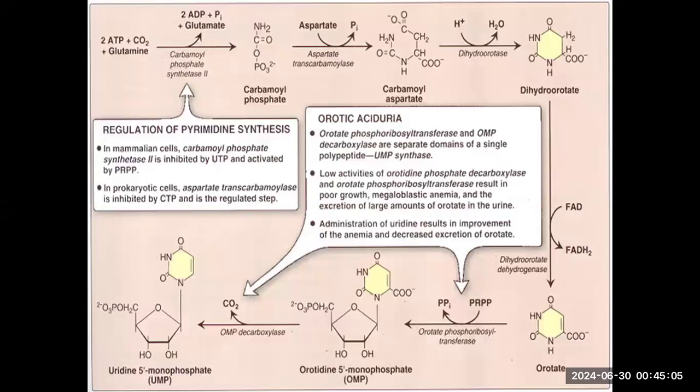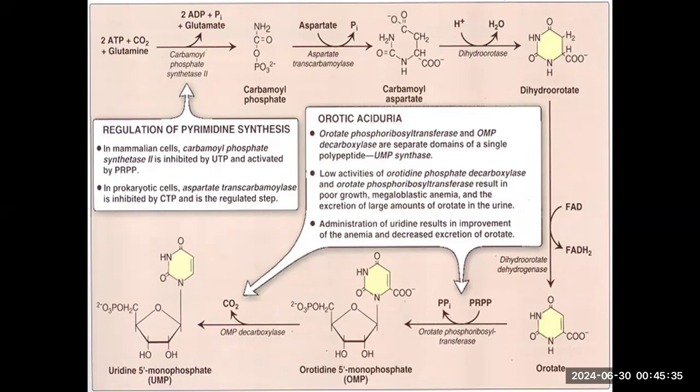Now, starting with the synthesis of pyrimidine. The pathway of synthesis of pyrimidine is much simpler as compared to purines. The major difference between the synthesis of purines and pyrimidines is that in case of purines, the purine ring is synthesized on phosphoribosyl pyrophosphate.